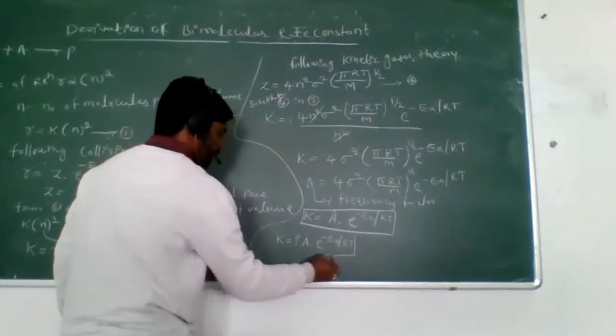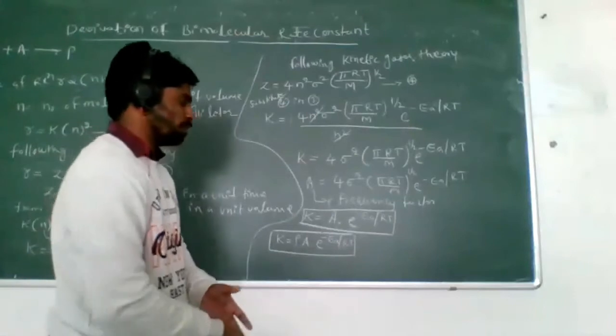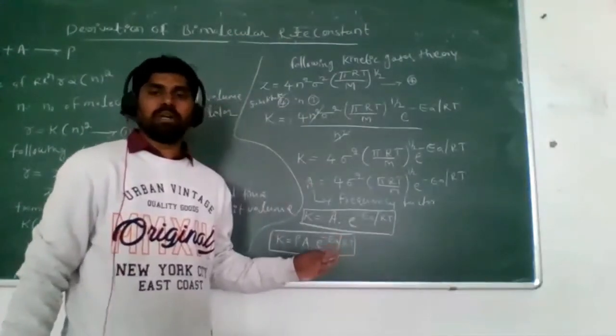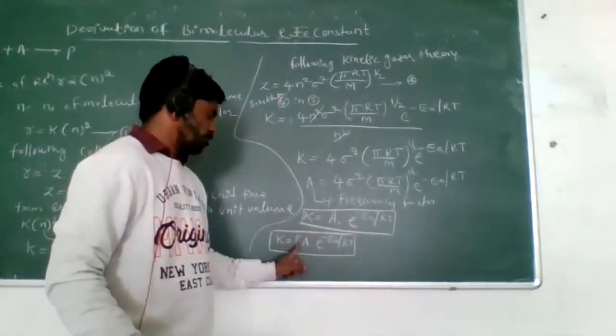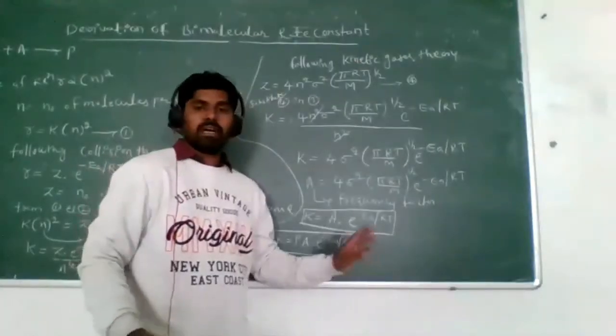This is the derivation of the bimolecular rate constant. The modified equation is k equals rho A into e power of minus Ea by RT. It is modified for a larger number of reactions.